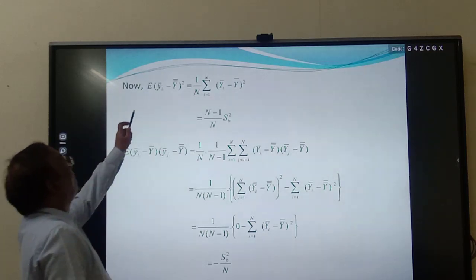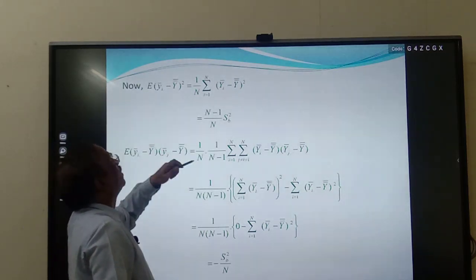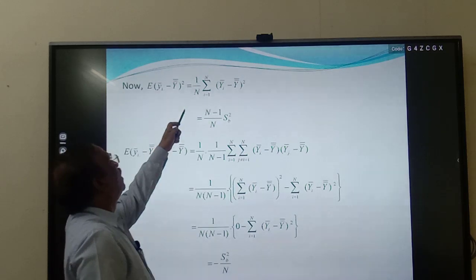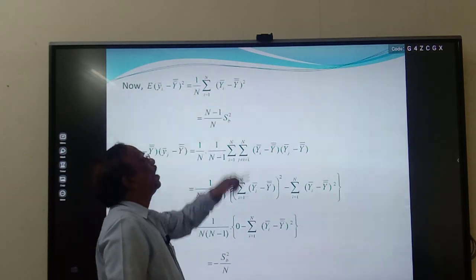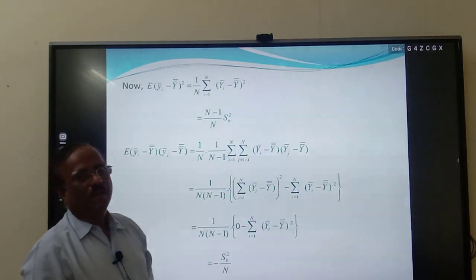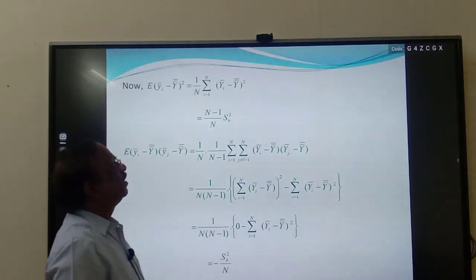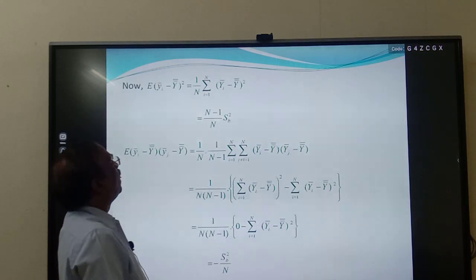Now the expected value of yi dot bar minus Y double bar, whole square, can be written as 1 by n, sum i goes from 1 to n, yi dot bar minus Y double bar, whole square, as we discussed earlier.